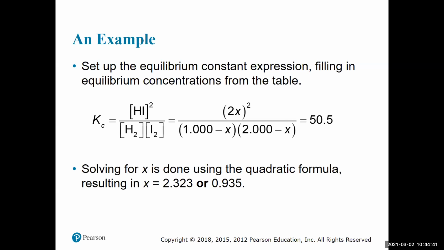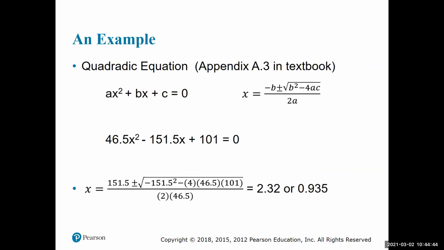So if you do all that math correctly and then rearrange, because remember we wanted to get things in this ax squared plus bx plus c equals 0 format to be able to plug into the quadratic equation, it's 46x squared minus 151.5x plus 101 equals 0.